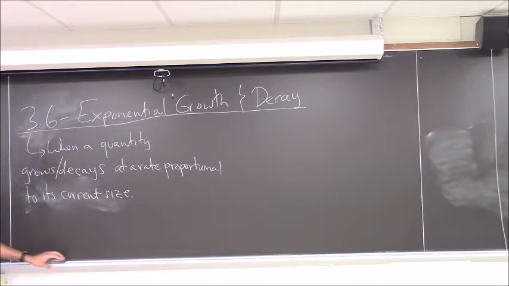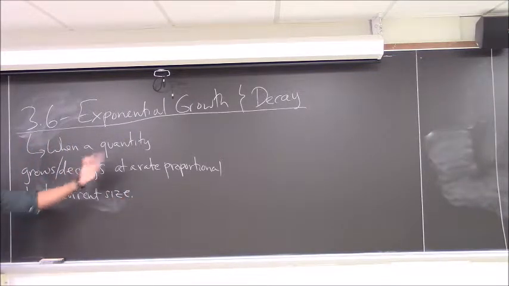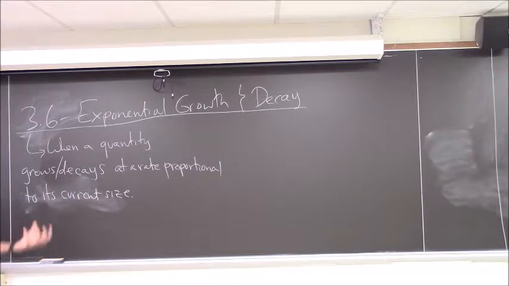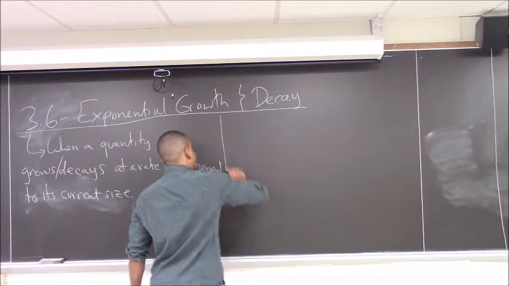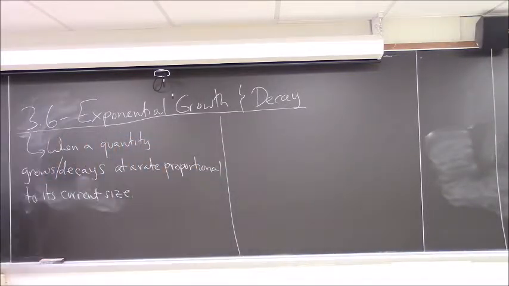That distinguishes it from linear growth, which grows at a constant rate per unit time regardless. If it always increases by the same absolute value, say 2 per unit time, that gives you linear growth. But if it increases by 2% of its current size per unit time, that gives exponential growth. So it grows proportionally to what it currently is.